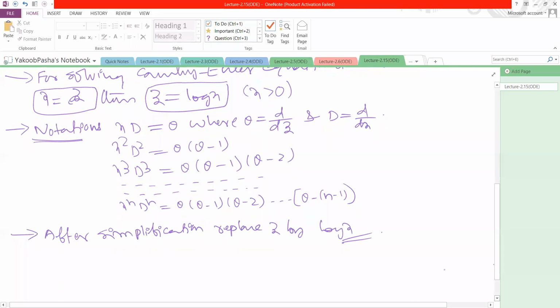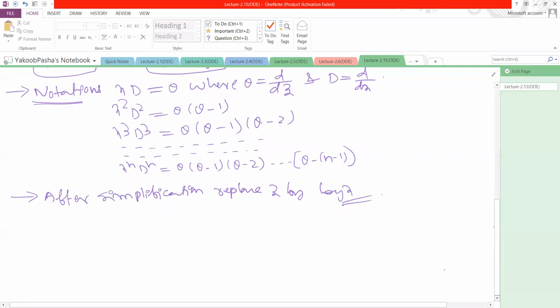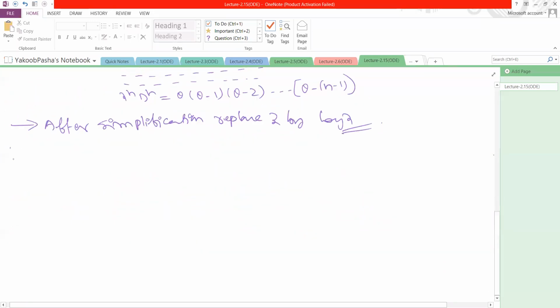Now, another linear differential equation with variable coefficients is the Legendre equation. Legendre's equation is the extension of Cauchy-Euler equation only.